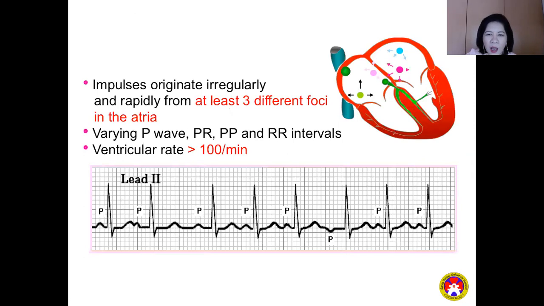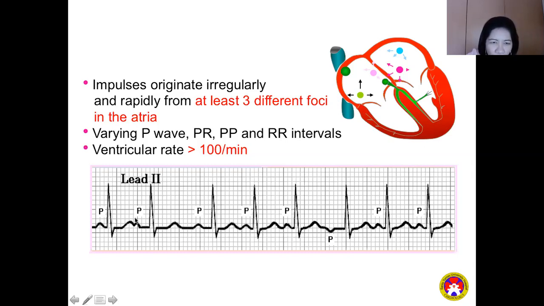Now, here, again, we see an irregular R to R interval, but there is a definite P for every QRS complex. If we check, this P is different from that one. And this one is different from this one because this one has a shorter PR interval than this one. So this came from a different focus again. And again, this one is different.